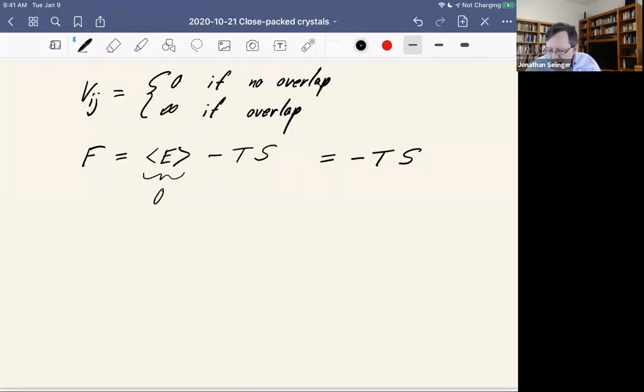With this factor of negative temperature, which is just a negative constant multiplying the entropy. So if we want to minimize F, we do that by maximizing the entropy. Okay, it's just entropy.